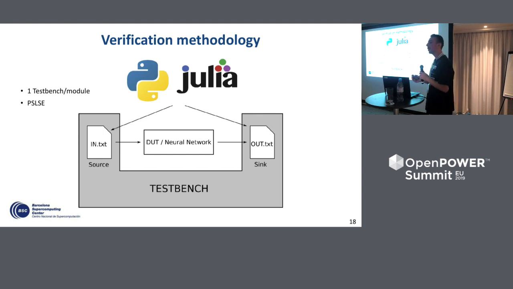I mean, there are Posit libraries in Julia and Python. They generate this, and at the end we have a bit-to-bit co-verification. And thanks to the PSL simulation engine, we can replace this source and sink by the actual software code that will be run on the host system. That allows us to gain a lot of time.